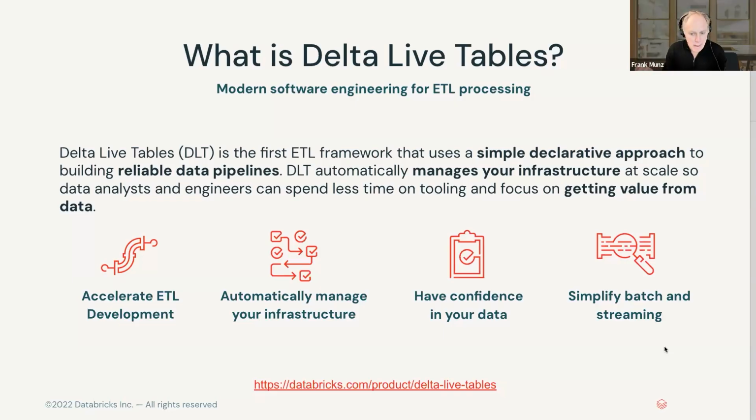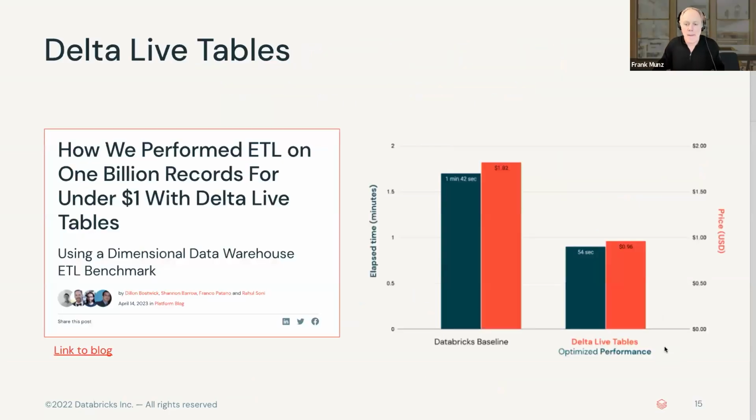It's a serverless runtime. You don't need to configure a cluster for that. You could still if you wanted, but the easier way is to go for serverless. And then you can write your pipelines in an easy way. You get all the runtime support operations done for you automatically, like automatic retries, etc. So you can accelerate your development. The infrastructure is managed for you. You can have more confidence in your data because we also have data quality constraints, and it works for batch and streaming.